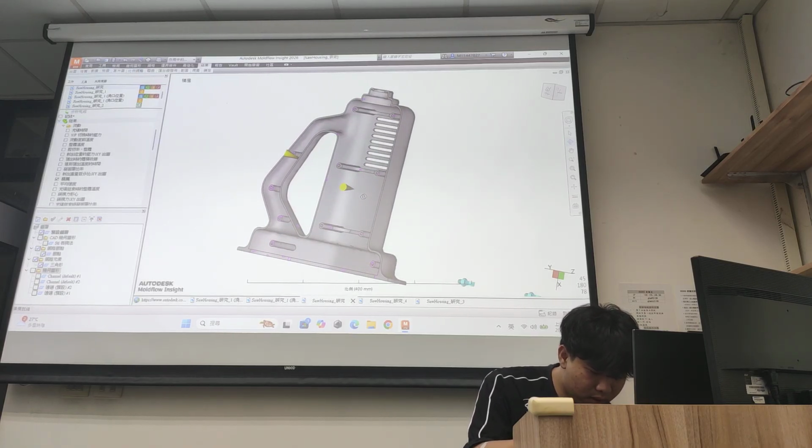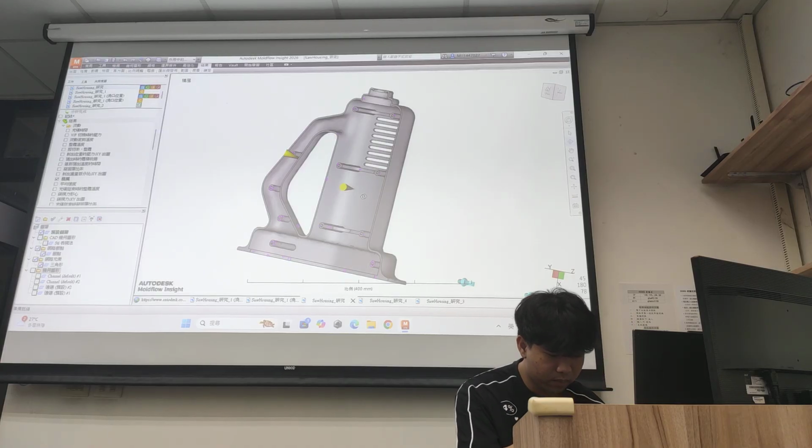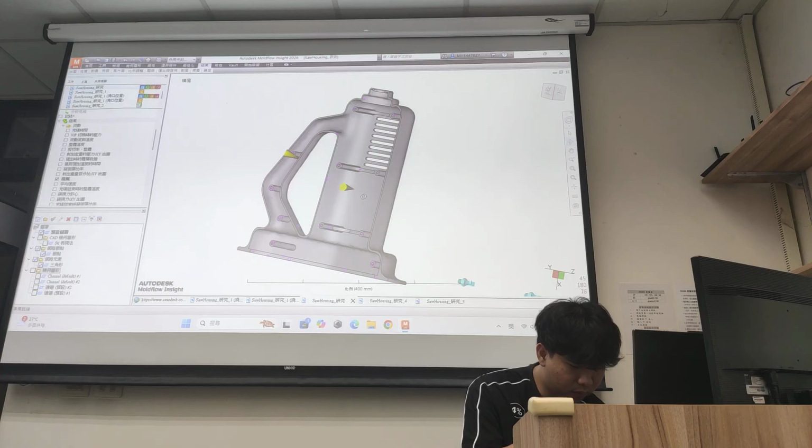Now let's address potential molding defects. Start with air traps. The simulation highlights spots where air might be trapped as flow converges.